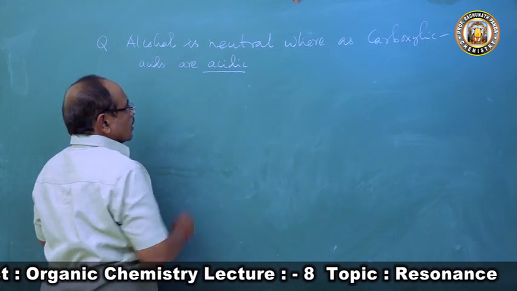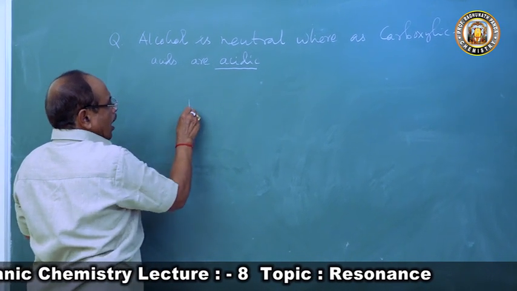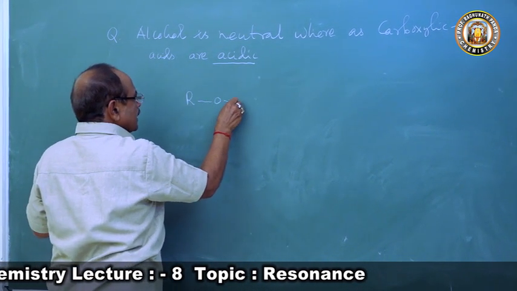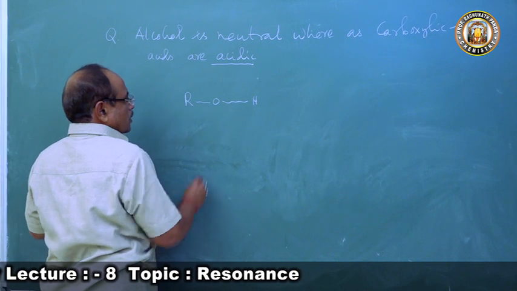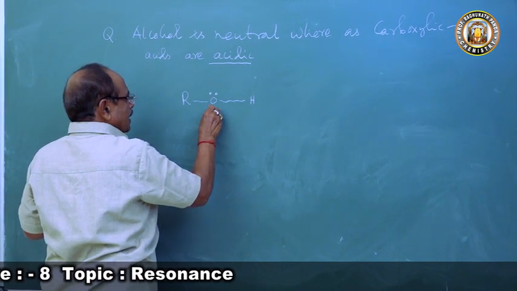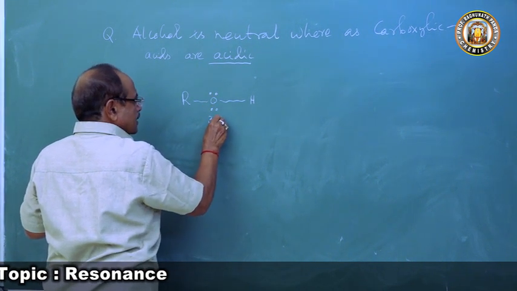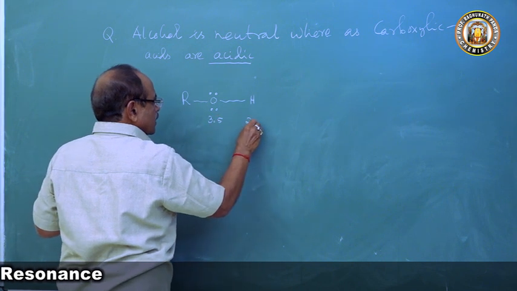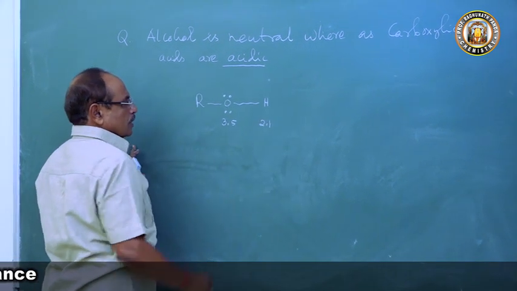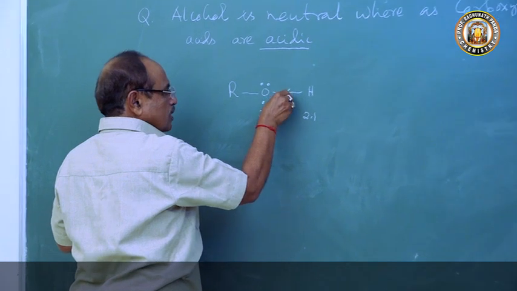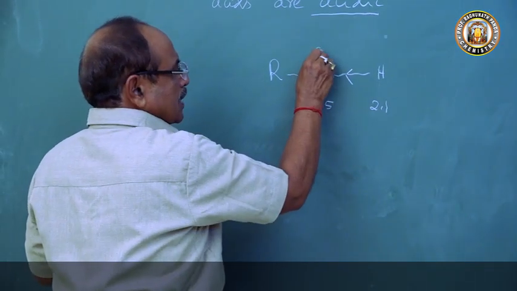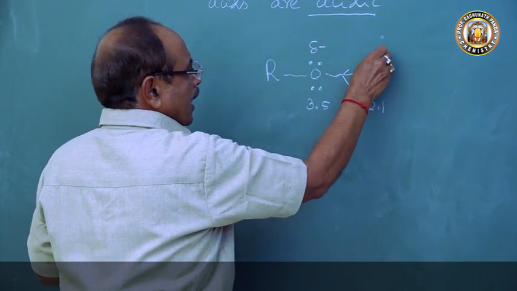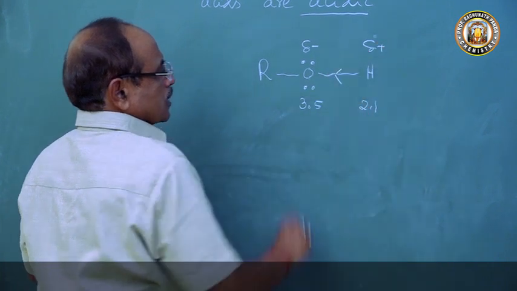Now in case of alcohol, ROH is alcohol. The oxygen electronegativity is 3.5 and hydrogen is 2.1, so there is always a drift of electrons towards oxygen. So oxygen gets a delta negative charge and hydrogen gets a delta positive charge.